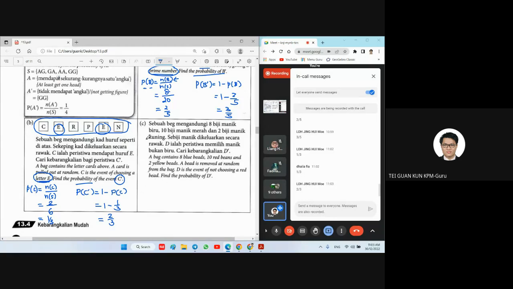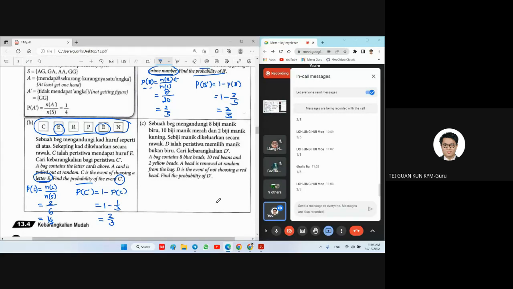Okay, try again. A bag contains 8 blue beads, 10 red beads, and 2 yellow beads. A bead is removed at random from the bag. D is the event of not choosing a red bead.